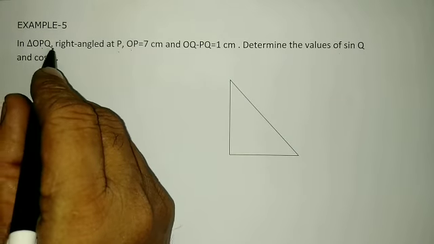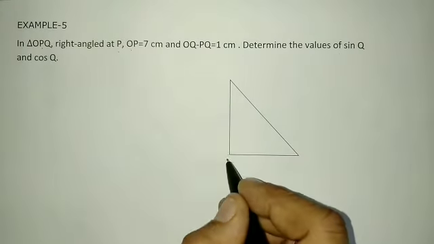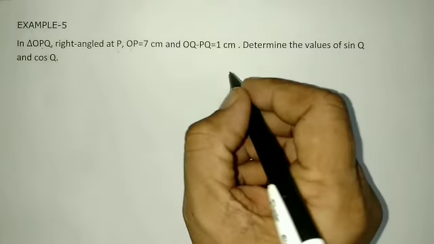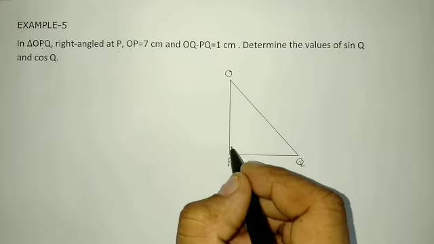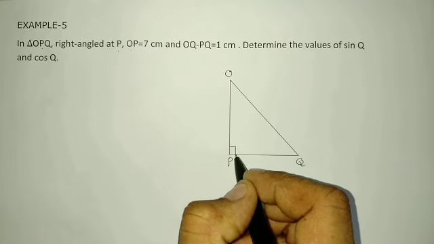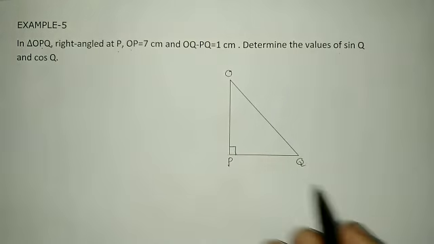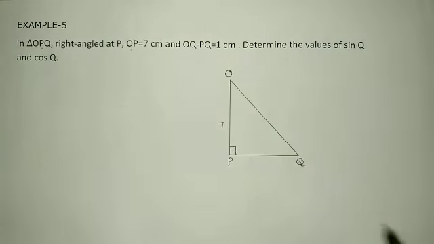So in triangle OPQ, right angle at P. OPQ is a right angle triangle with right angle at P. OP equal to 7 centimeters.